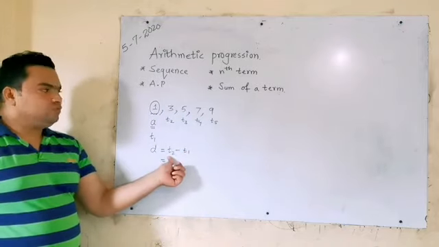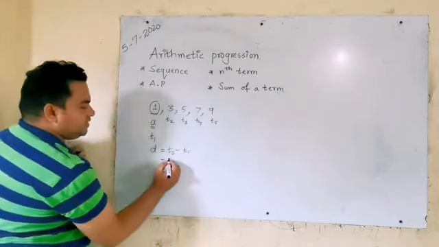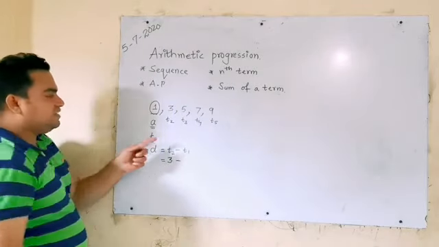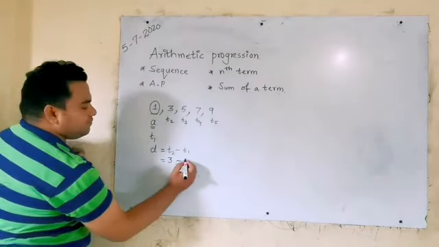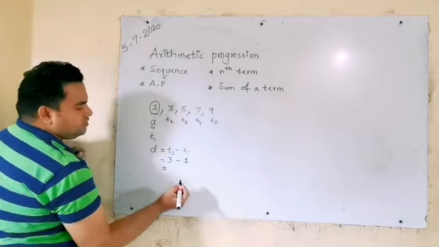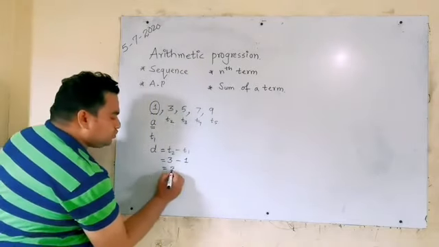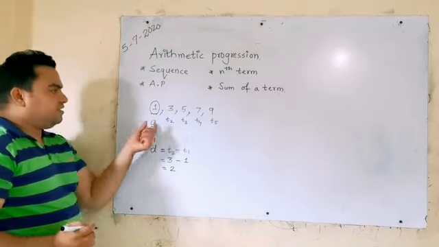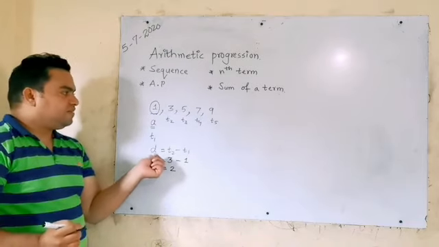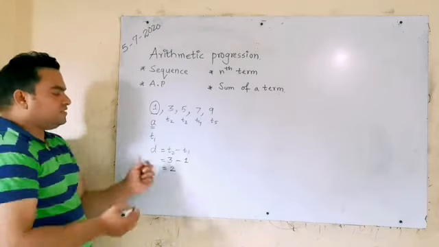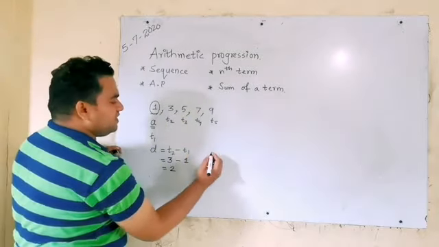So what is T2? T2 here is 3, minus what is T1 here, 1. So 3 minus 1, the answer is 2. Okay, so D between 1 and 3, the difference is 2. Now in the same way you can find it for the further numbers as well.